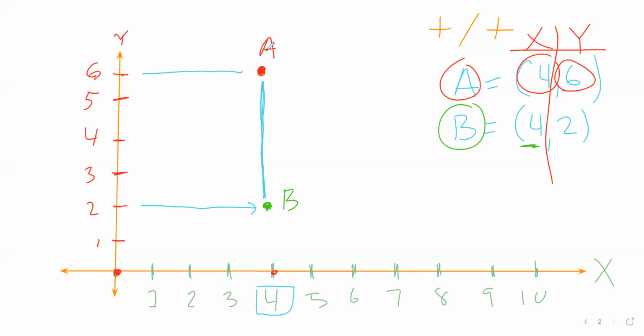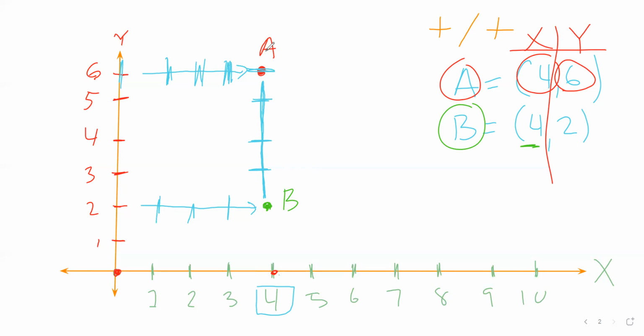They're both located 4 units out, 1, 2, 3, 4 units out. But how many units take me from A to B or B to A, right? It's kind of a two-way road.